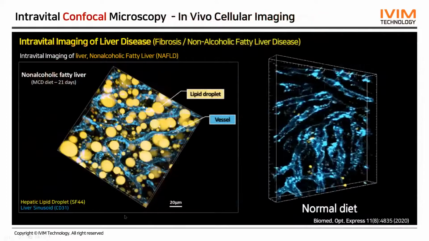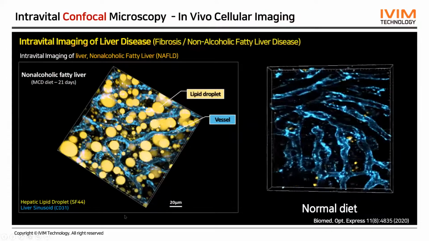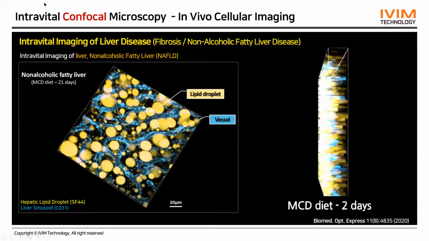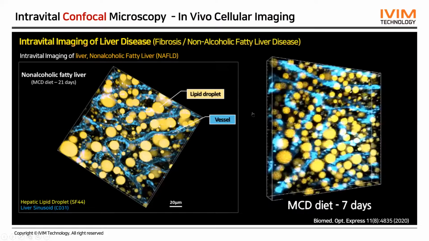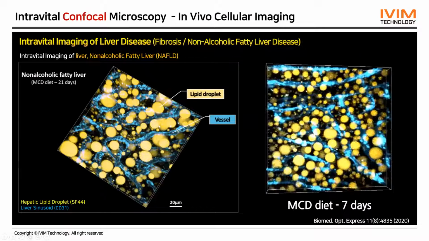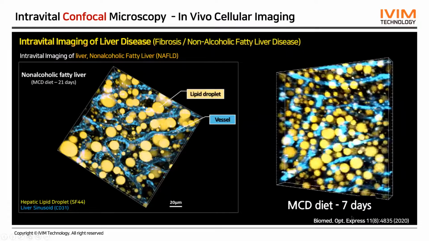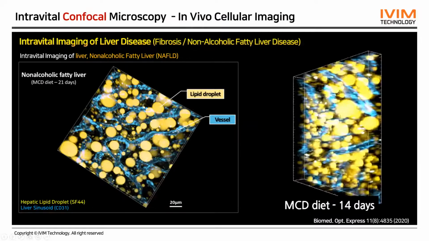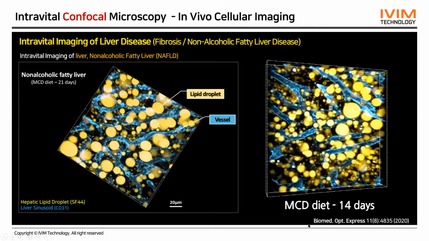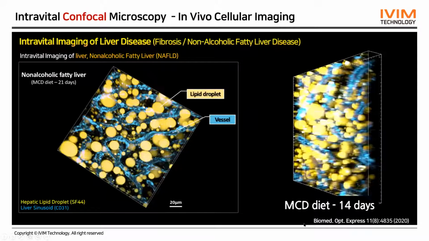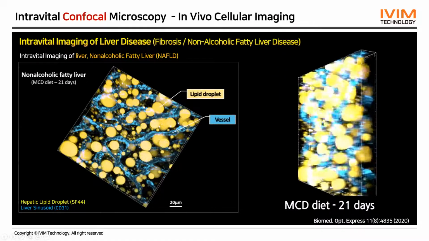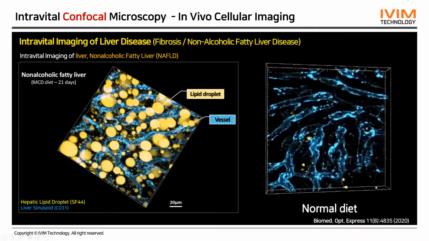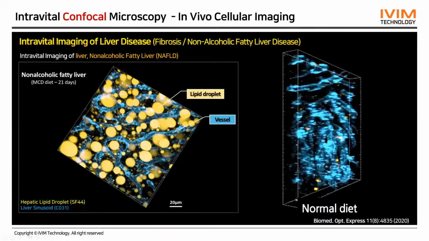Also, by using the IntraVital Confocal microscope, we can obtain high resolution lipid droplet imaging in the liver of the mouse model. This is a repetitive image obtained from a mouse model with an MCD diet to induce fatty liver. You can see the increase of the lipid droplets over time.